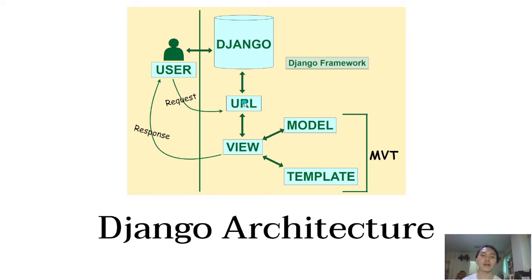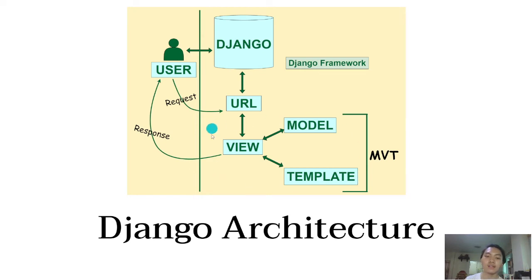The URL is like the address at the top of any website, for example www.youtube.com or google.com. Once we are at a URL, it sends us to the view, model, template.